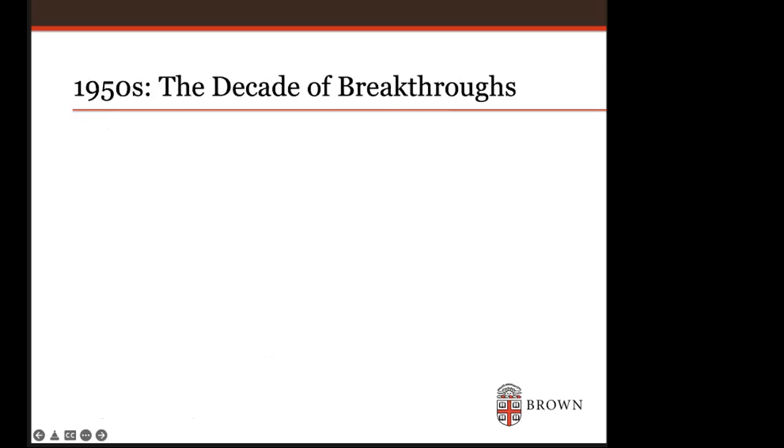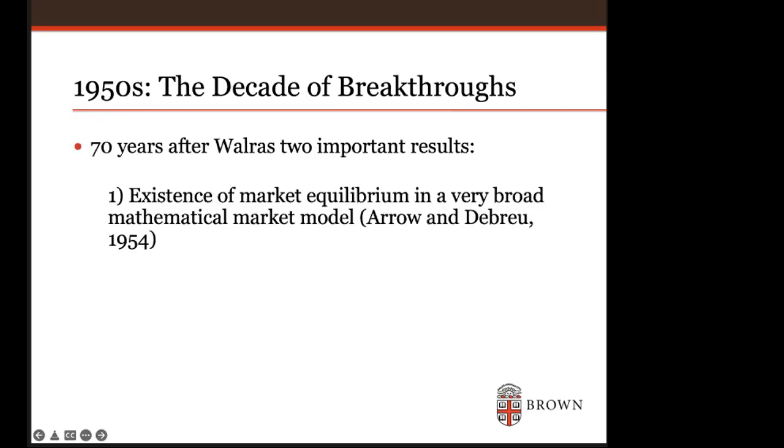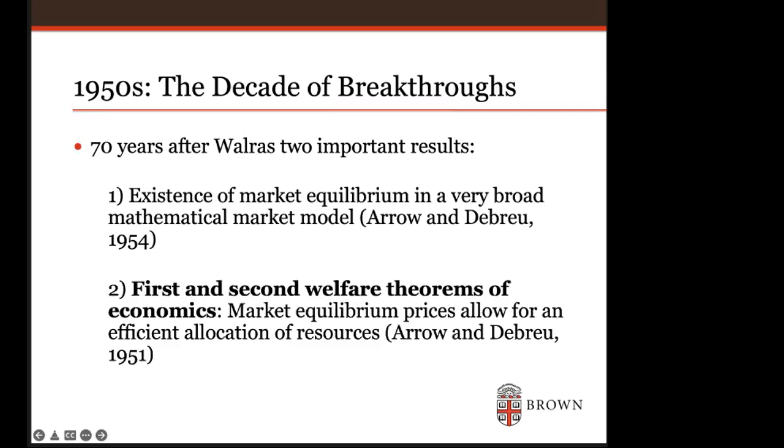70 years after the first attempt to model markets, economists made important breakthroughs. The first was to prove the existence of market equilibria in a large class of mathematical market models, which today are known as Arrow-Debreu markets. The second was to prove the first and second welfare theorems of economics, which basically say that market equilibria are efficient ways to allocate resources.